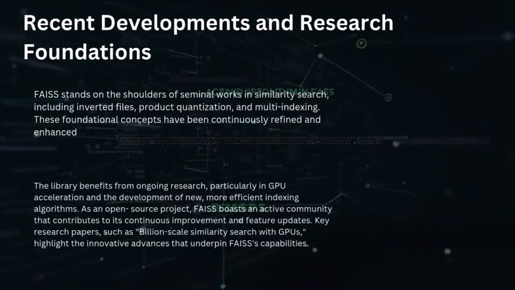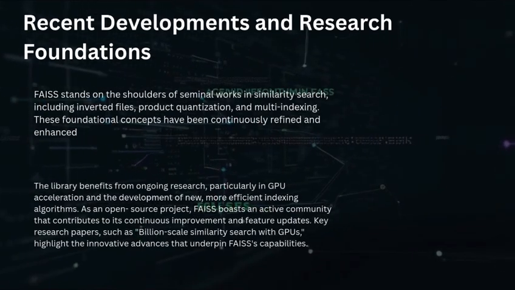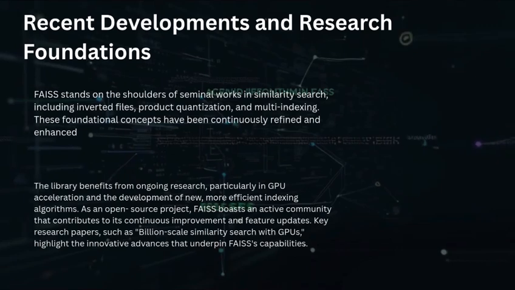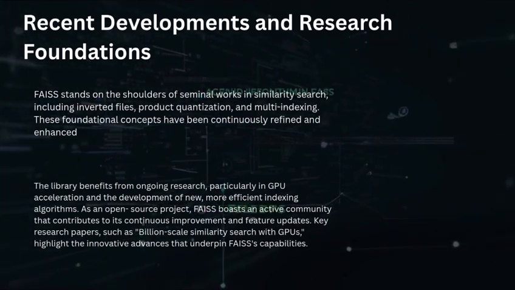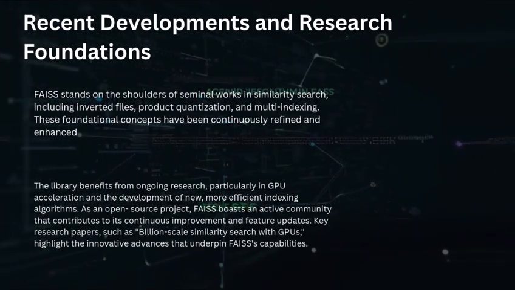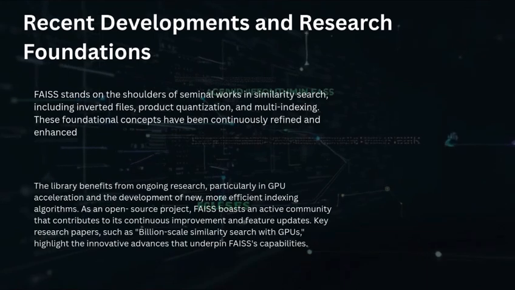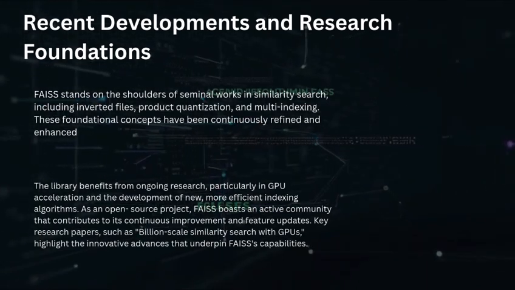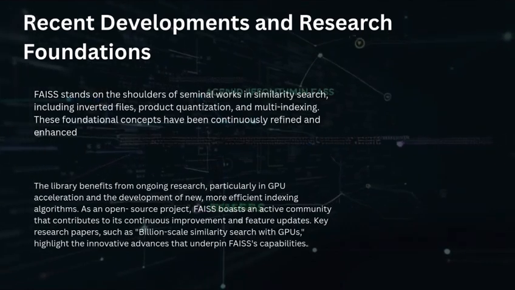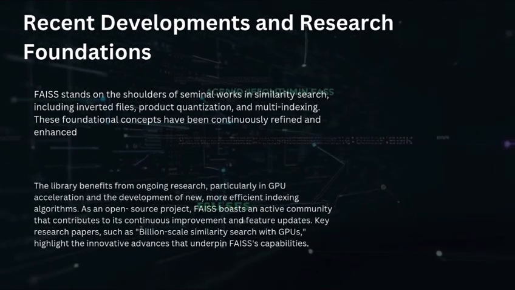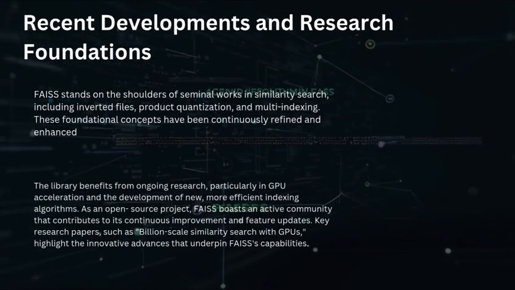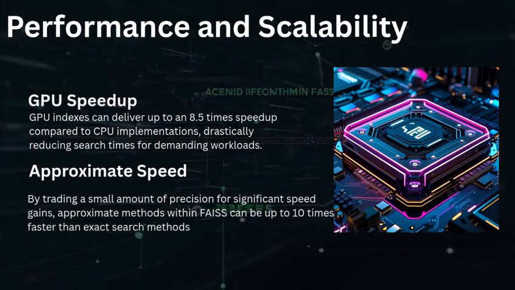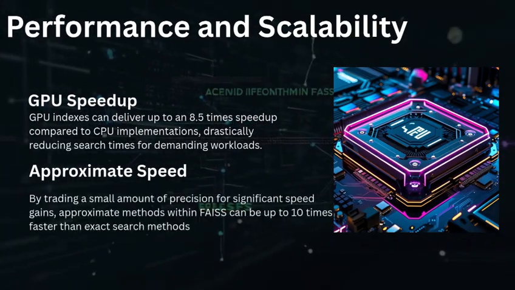FAISS isn't just an isolated project, it builds upon years of research in areas like inverted file systems, product quantization, and multi-indexing, and it continues to evolve, especially with contributions from the research community in GPU acceleration and algorithm optimization. It's backed by serious academic work like the paper Billion-Scale Similarity Search with GPUs, which shows that GPU acceleration can give an 8.5x speedup over CPUs.